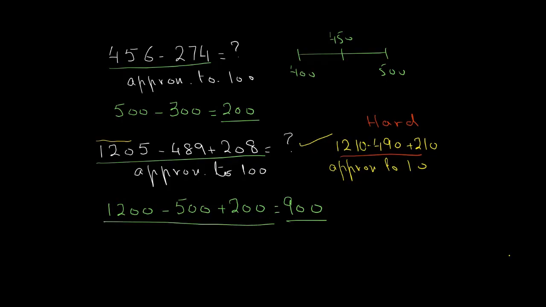It was just 12 minus 5 plus 2, which was 9. But when you're counting in terms of tens, the numbers can get very large, which is 121 tens minus 49 tens plus 21 tens. Some people can do this in their heads, but for most people it's a hard calculation. And that's why, in general, we approximate to the nearest 100 when computing with these numbers, although there can be occasions where approximating to the nearest 10 may work out to be better.